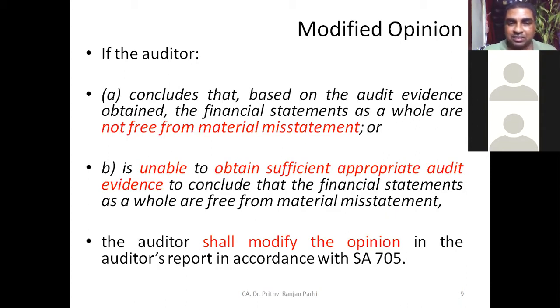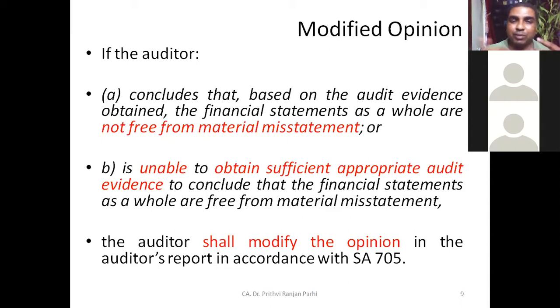Modified report means the auditor has to give either a qualified report or an adverse report or a disclaimer of opinion. This situation comes when the auditor finds that the financial statements are not free from material misstatements. That means there is some kind of mistake in the financial statement.